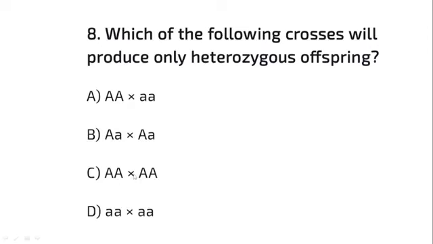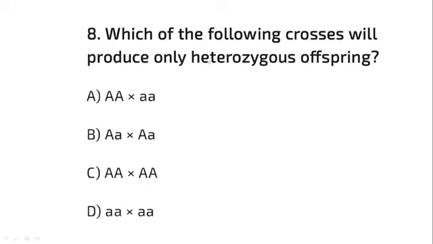So this one definitely no, because we are saying which will give us heterozygous offspring. So C, we cancel it out. D, we have homozygous recessive crossed with homozygous recessive. So even D, we need to cancel it out. Now we come back here, where we have heterozygous. For B, we have heterozygous crossed with another heterozygous.